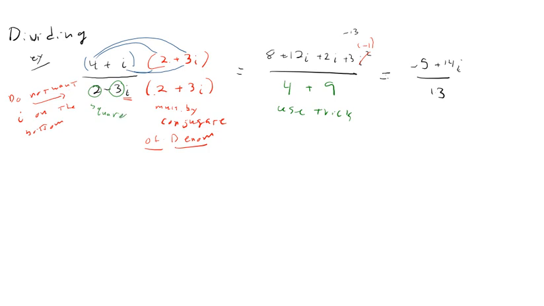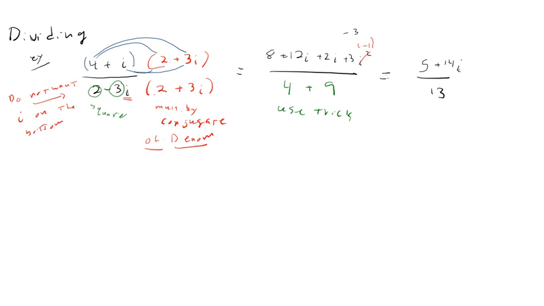I saw 13, I don't know why. 8 minus 3, that's going to be positive 5. Thank you. Good catch. Positive 5. 5 plus 14i. That's my answer there.